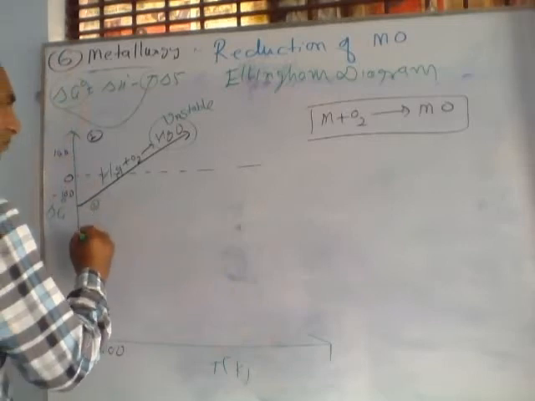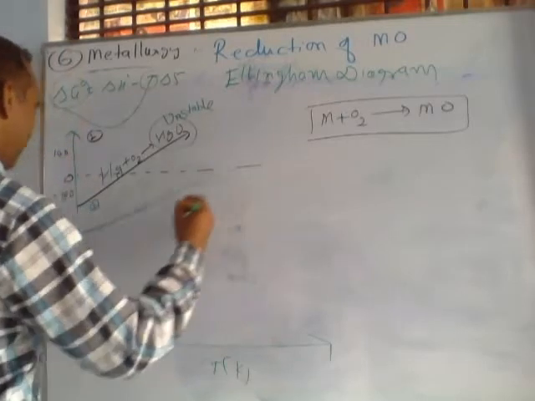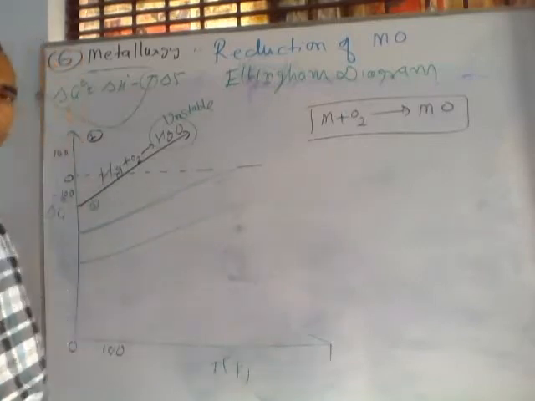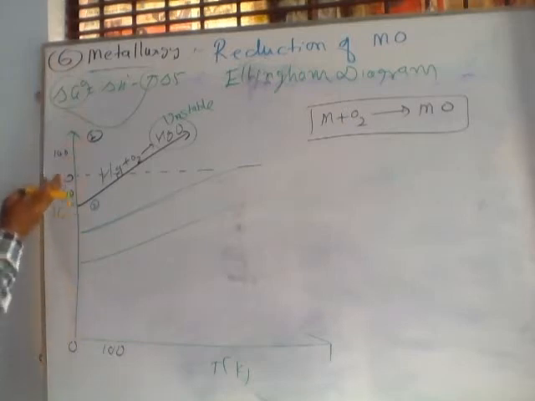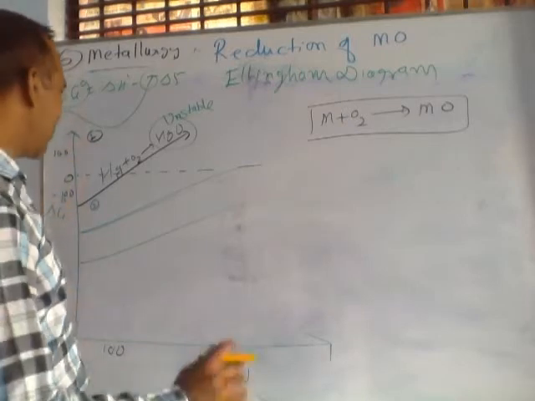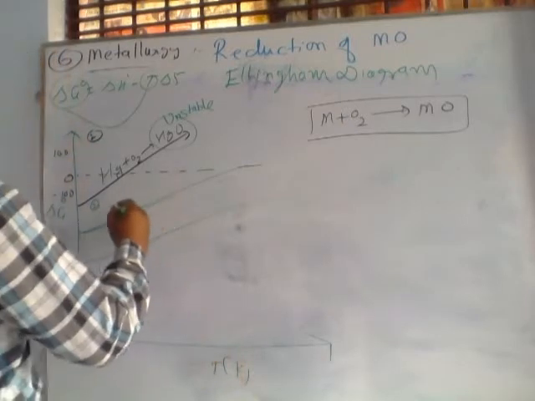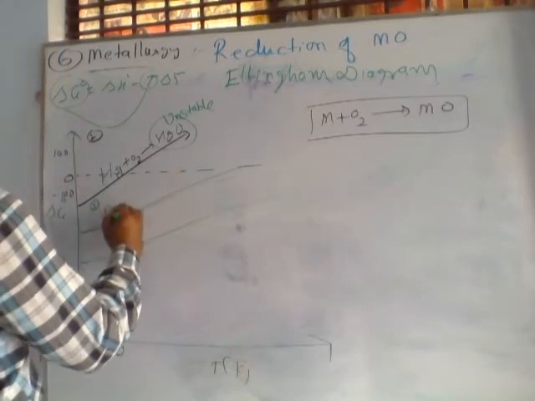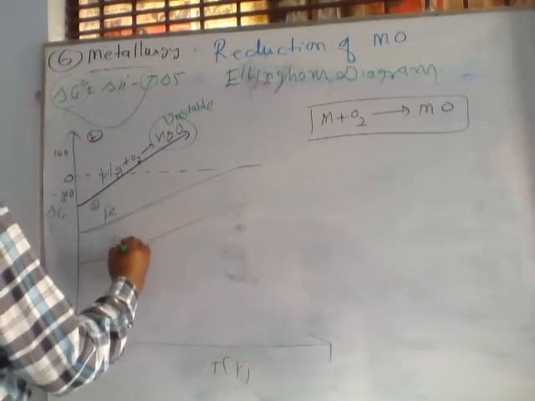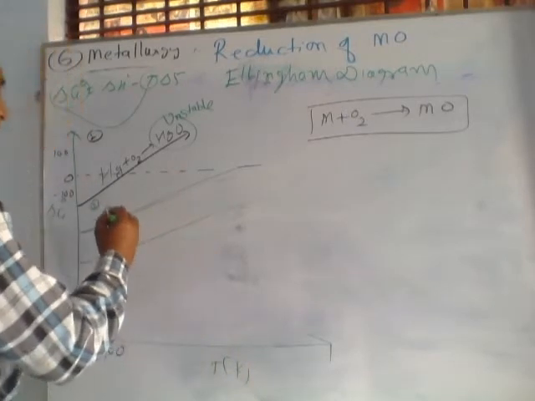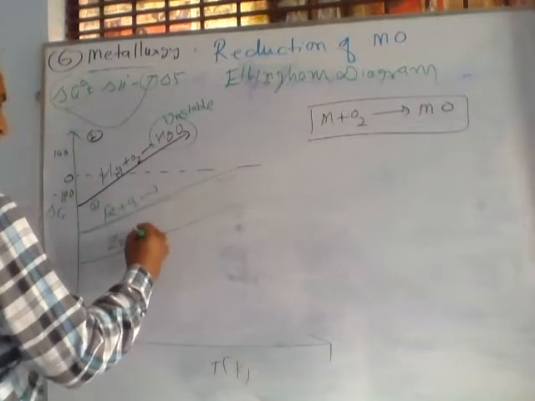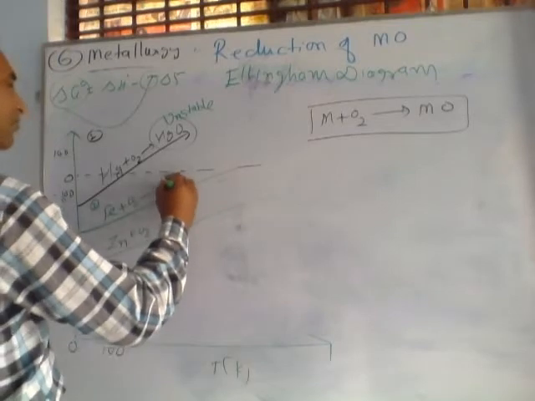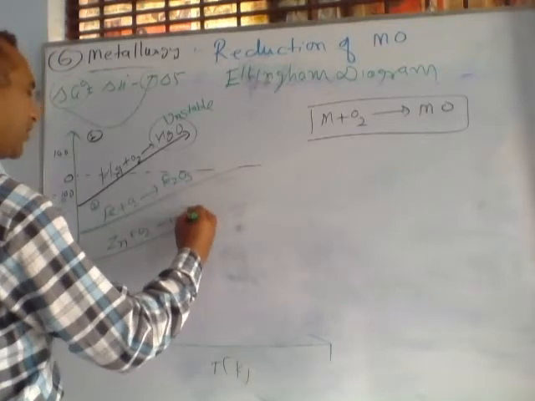Such types of lines are obtained because the value is negative here and positive here. Listen. Suppose this is for iron, this is for zinc. Second, these metals react with oxygen and form their respective oxides, just like zinc oxide.